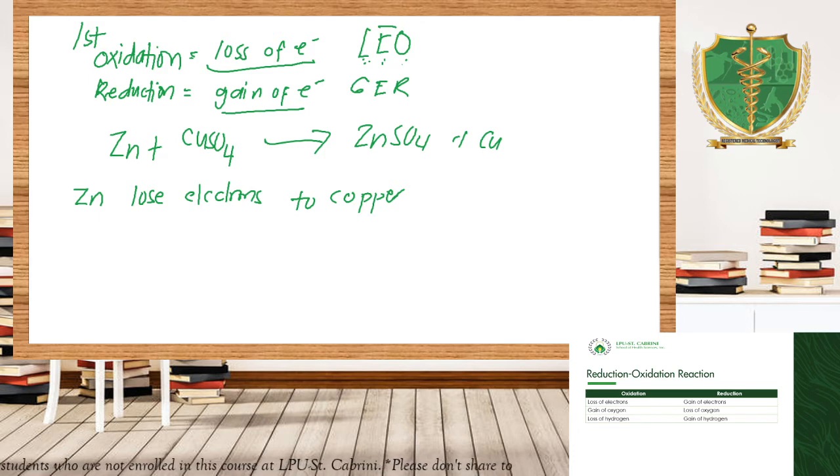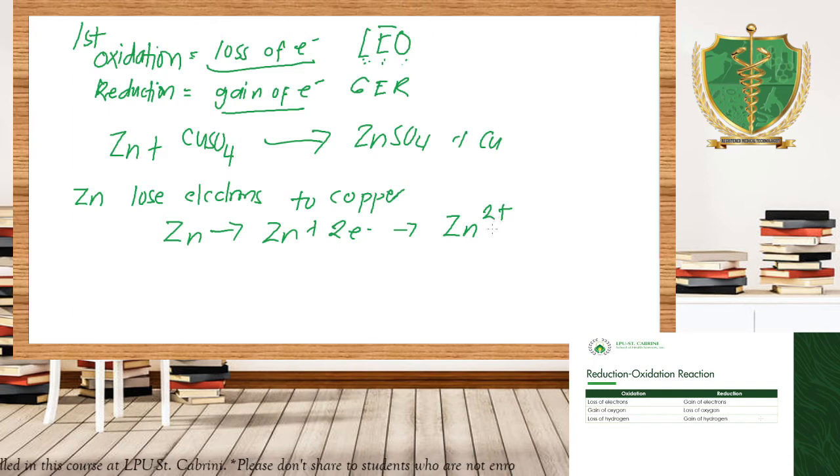Okay, so zinc will lose electrons to copper, so that our zinc will be like this. Wait, let me write it again.